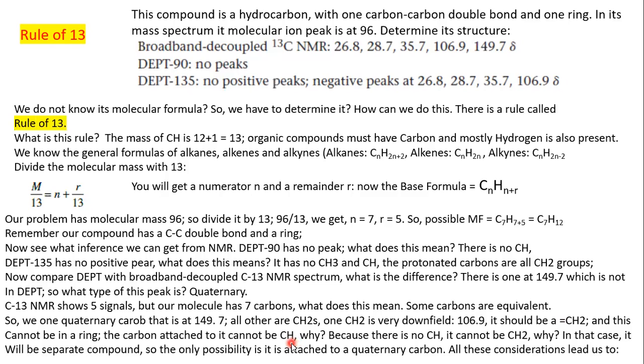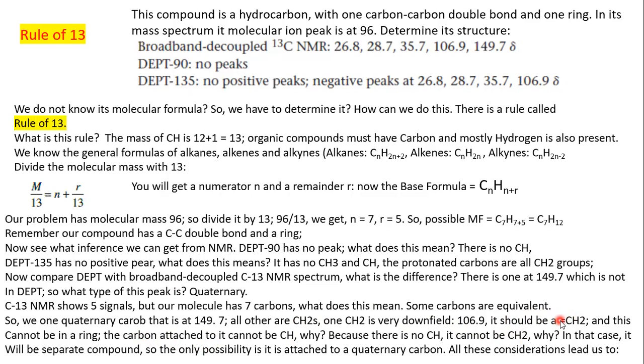Why? Because there is no CH in our compound. It cannot be CH2. Why? Because if CH2 is attached with this CH2, then that will be a separate compound. So only one possibility is there: this CH2 is attached with a quaternary carbon.